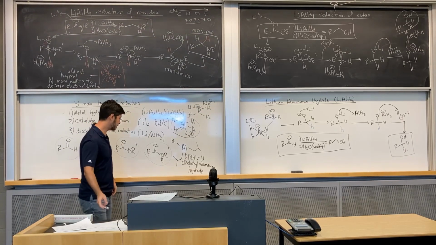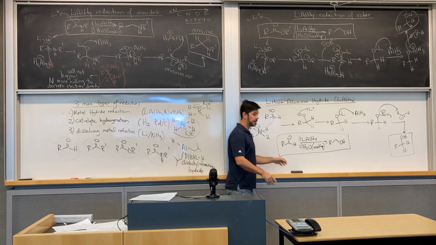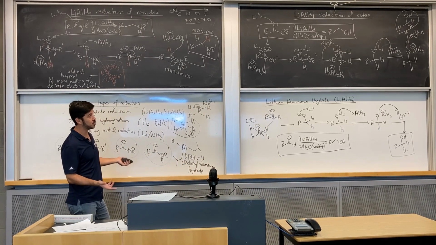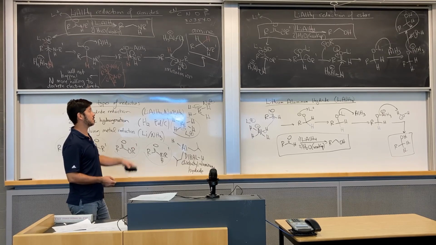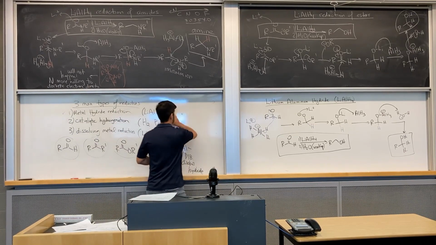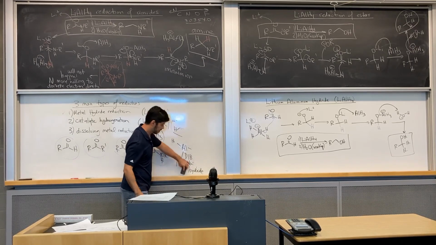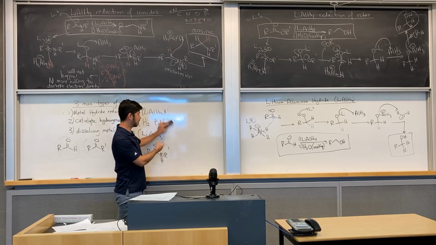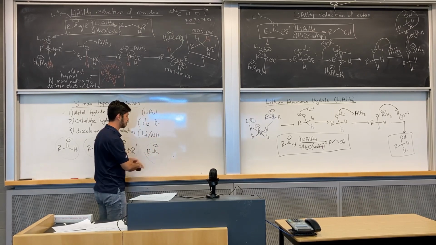Okay, so you can see that lithium aluminum hydride is a pretty strong reducing agent. It reduces all these different functional groups that we've looked at. And you might be saying, well, is there something a little milder that we can use? And definitely, we're going to look at sodium borohydride.